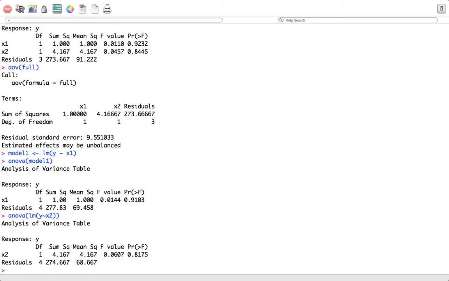All right, so sum squares for our model is 4.17. Got a lot of error here, don't we? Degrees of freedom 1, 4.17. Our error term is 274.67, and degrees of freedom 4, 68.67.